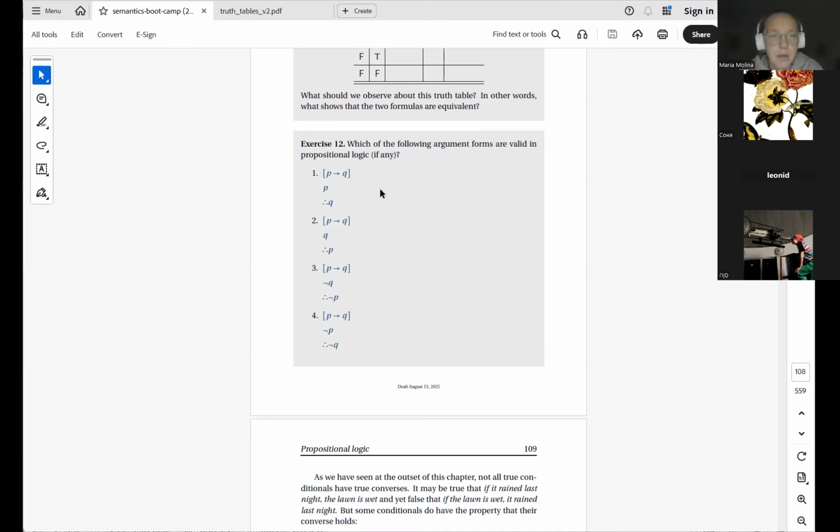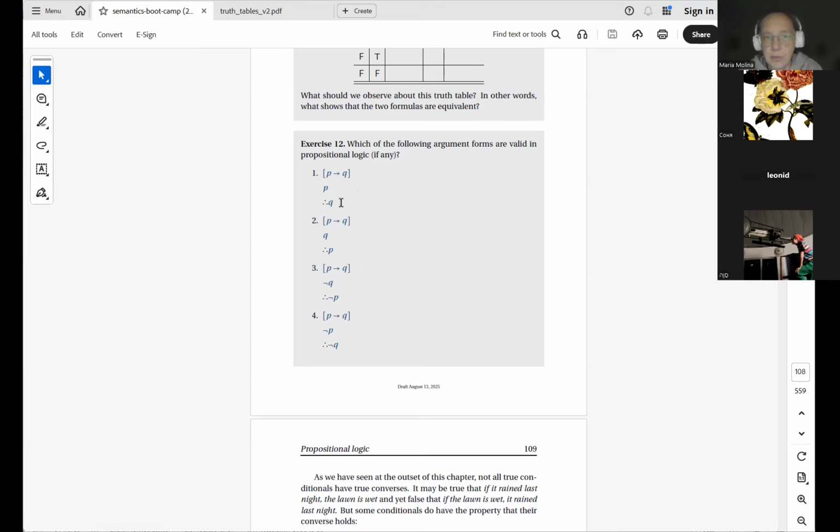Okay, so let's go. The first case: if P then Q. Is it valid or invalid?